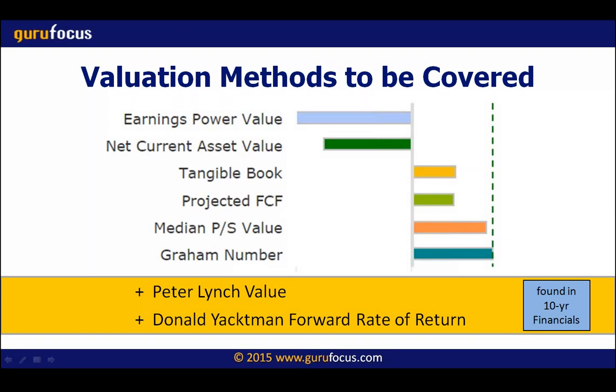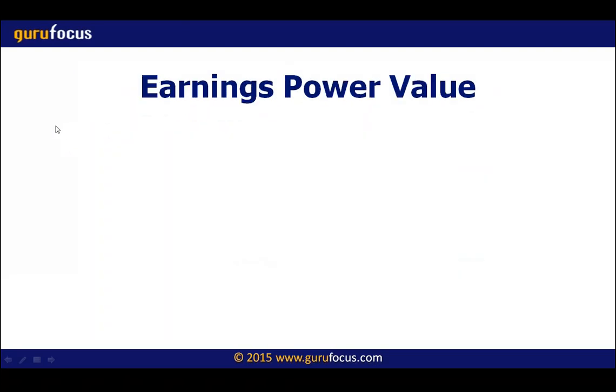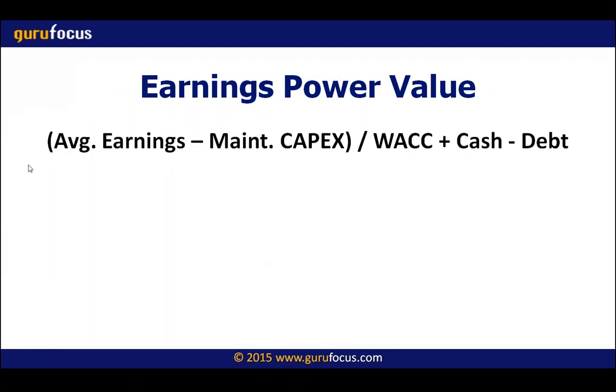We'll begin with the first one on the list, which is earnings power value. This is not one I've used a lot of personally, but I'll show you how it's calculated. What they do is they take the average earnings of the company, so they kind of normalize out what this company generally earns, and they subtract the maintenance CapEx. And CapEx, if you're not familiar, stands for capital expenditures.